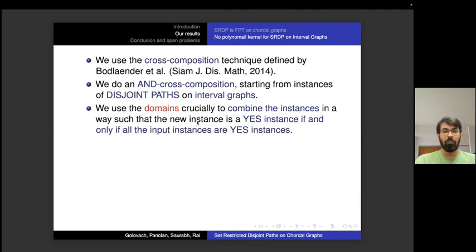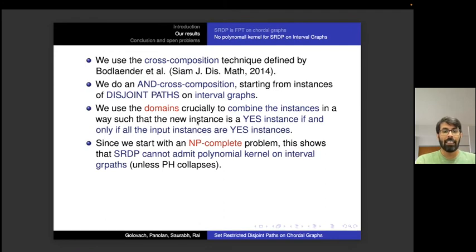So here we use the domain property crucially, and that is why we could not make it work with disjoint paths on chordal graphs. We could not show the lower bound for disjoint paths on chordal graphs. And since we start with an NP-complete problem, which is disjoint paths on interval graphs, this shows that SRDP cannot admit a polynomial kernel on interval graphs unless the PH collapses.